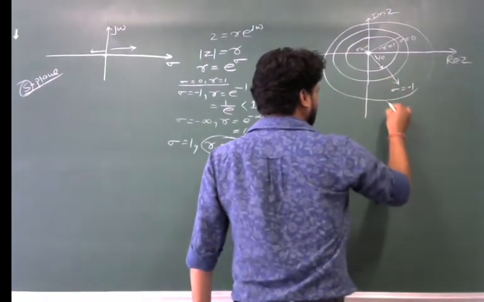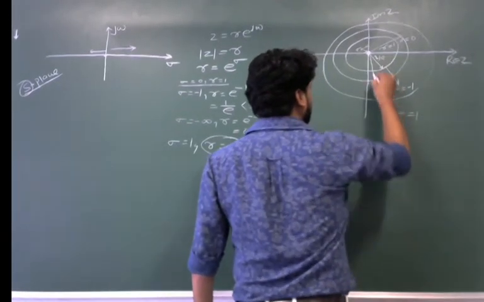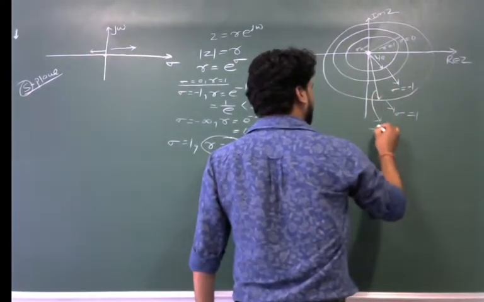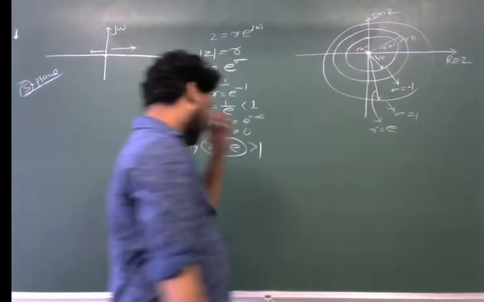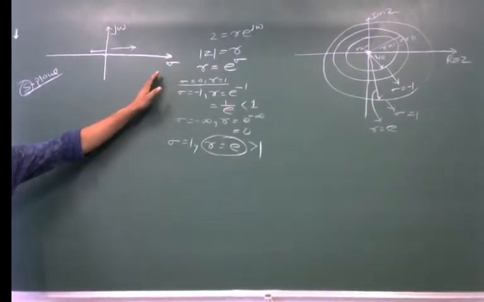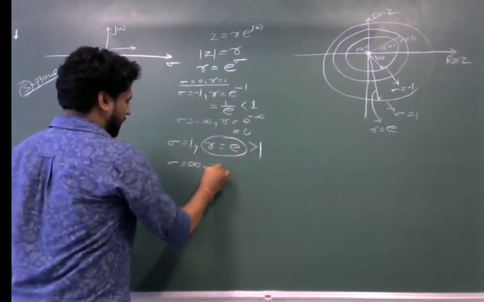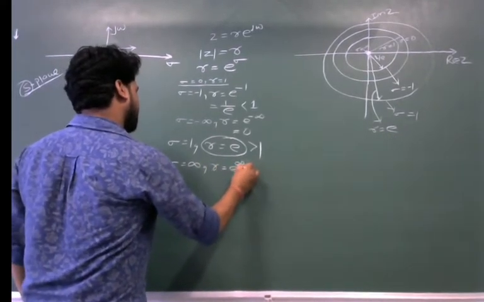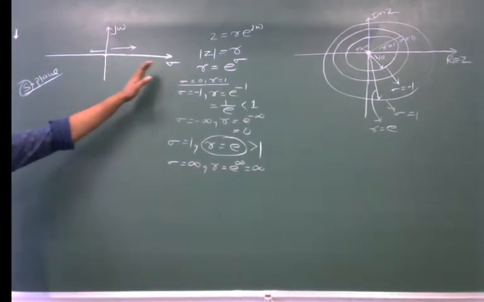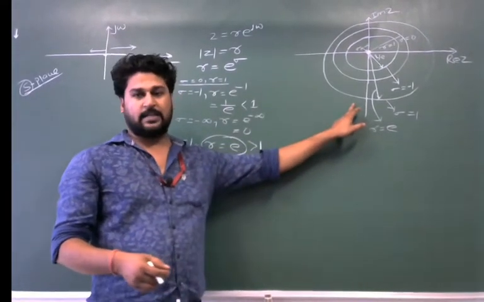Now if I move to the extreme right of the S plane, when I put sigma equal to infinite, this r will be equal to e power infinite, which is infinite. Means it will result in a circle of radius infinite in the Z plane.